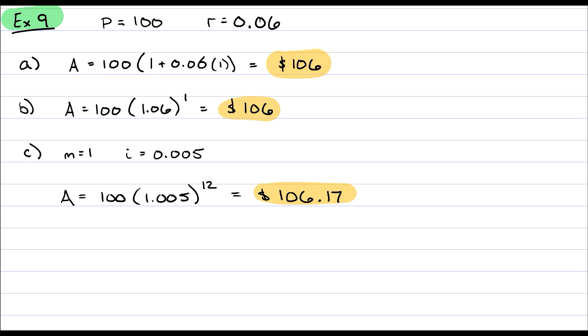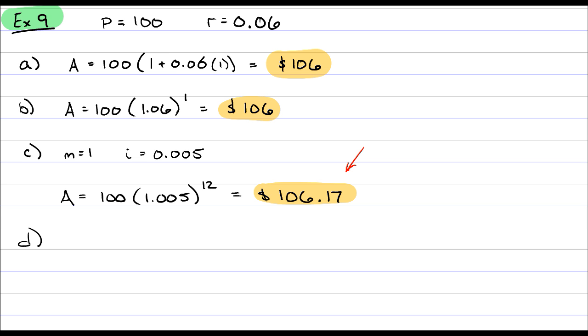This goes back to example 2 in this section, where we discussed that the more frequently we compound, the more money we make, even though the difference is small. Okay, so in part D, it asks, basically, what rate of simple interest would we have had to have earned to end up with this amount of money at the end of the first year if we were using simple interest?